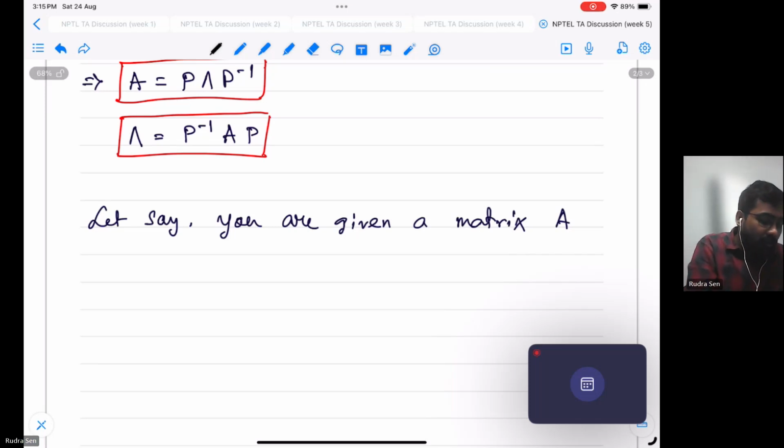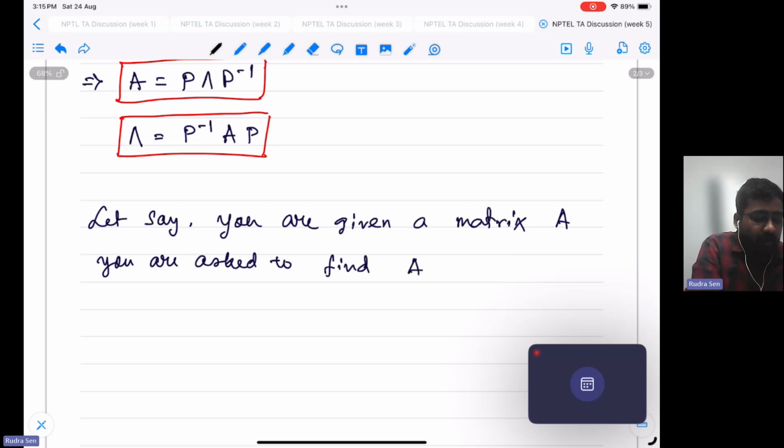Now you are asked to find A to the power 50. So you are basically asked to find the matrix A to the power 50.